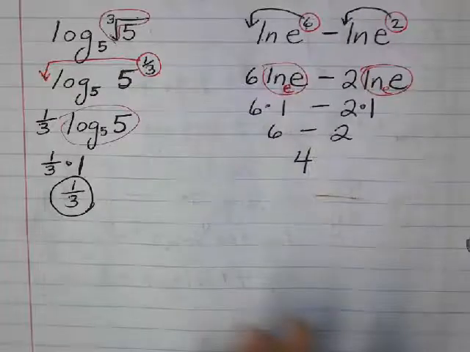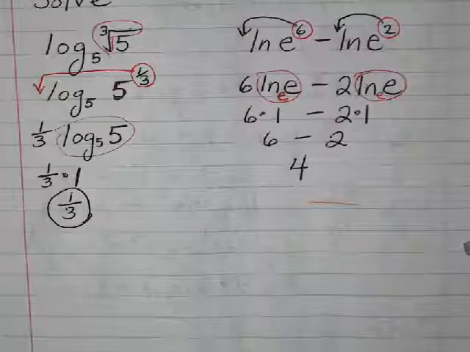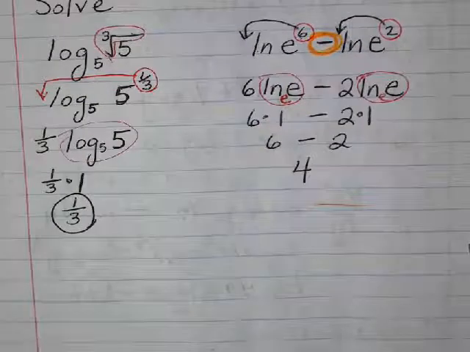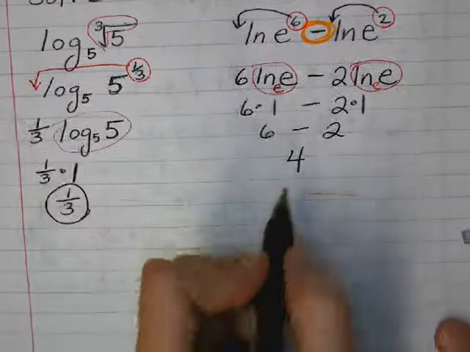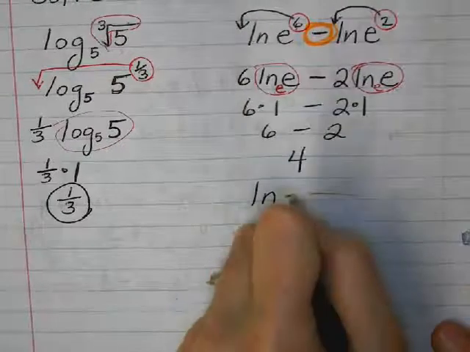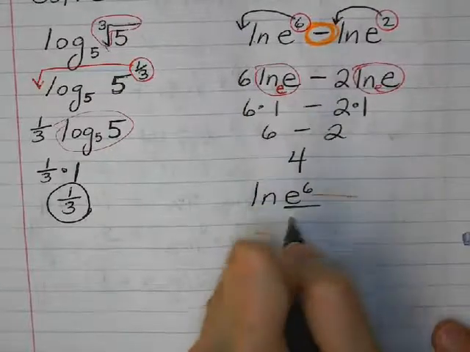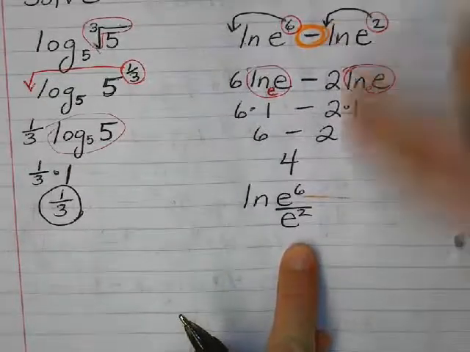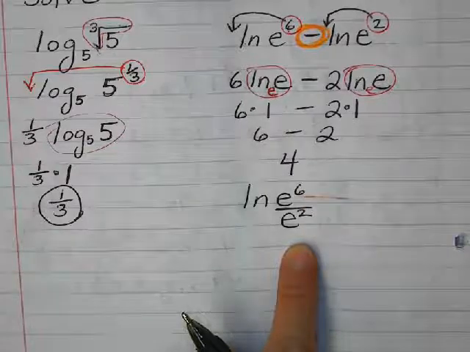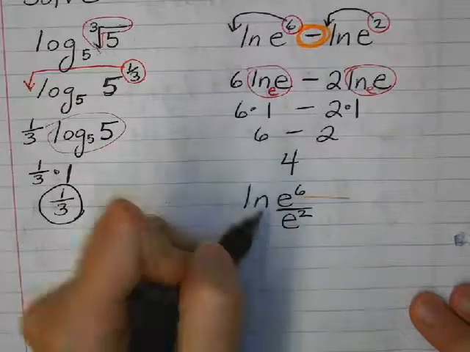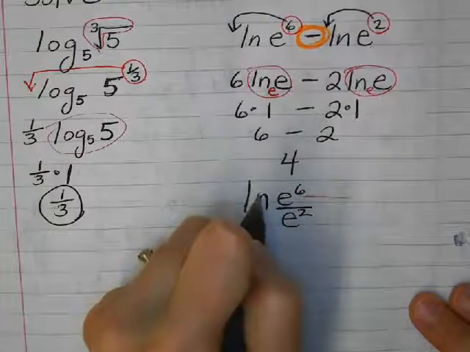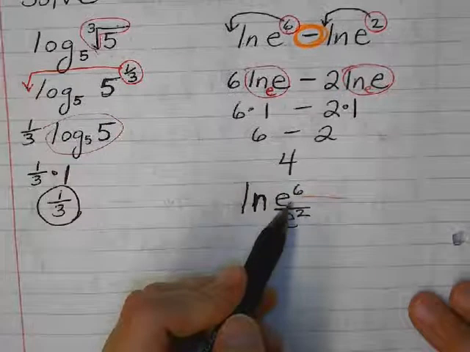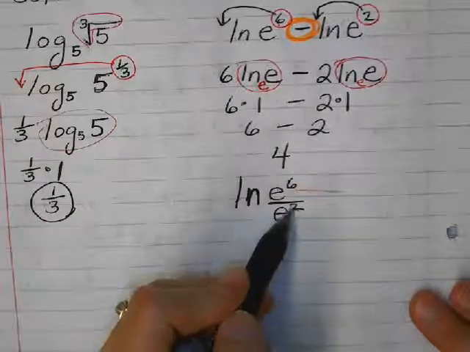There's another way you could have done that one, like I was hinting at. It was a subtraction problem. You could have made it into a fraction. You could have used that quotient property. You could have done ln of e to the 6th over e to the 2nd, because it was a fraction. Subtraction turns into a fraction. And when you have a quotient, you can subtract your exponents.